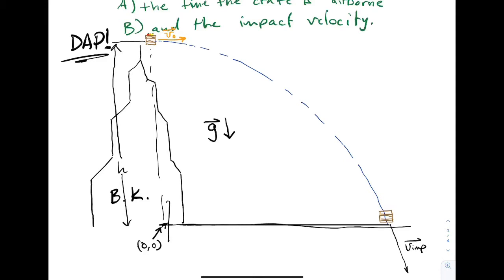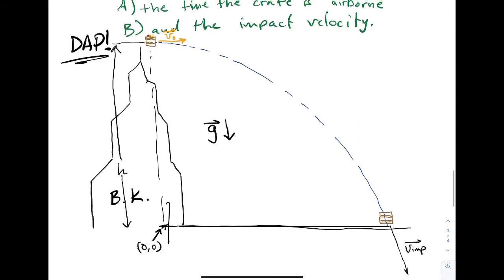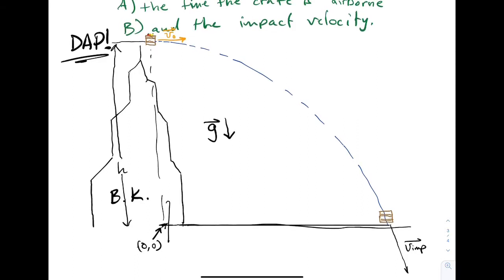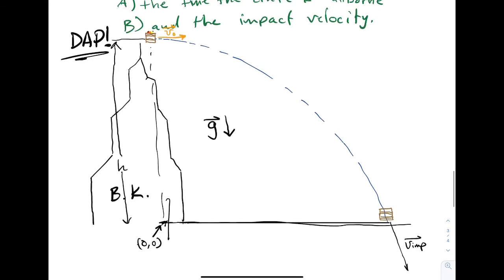And so we could also show that really then we have some initial y position up here. So this is our initial position, S sub O. In the x direction, it will be 0, and in the y direction, it will be h. And our final position, S final, will be something maybe we could call x and 0.